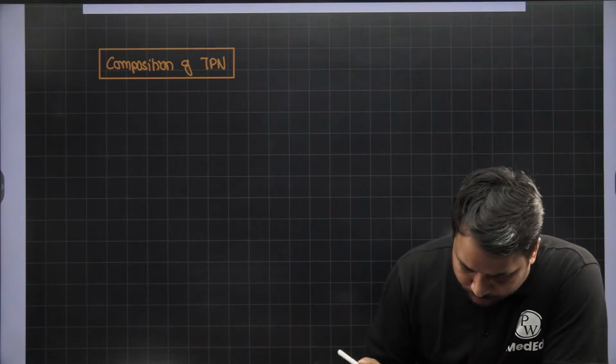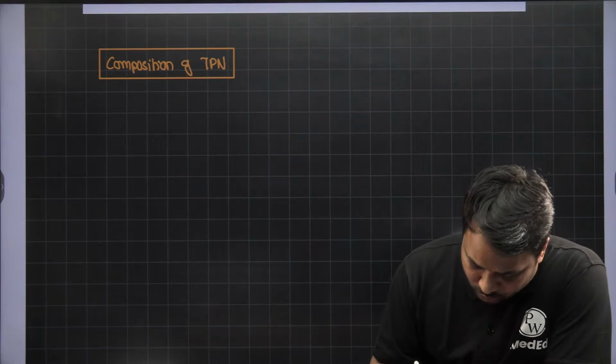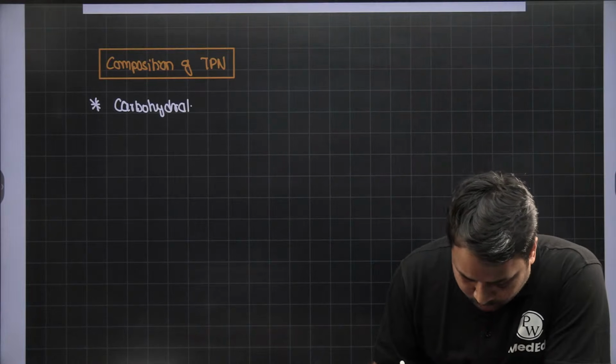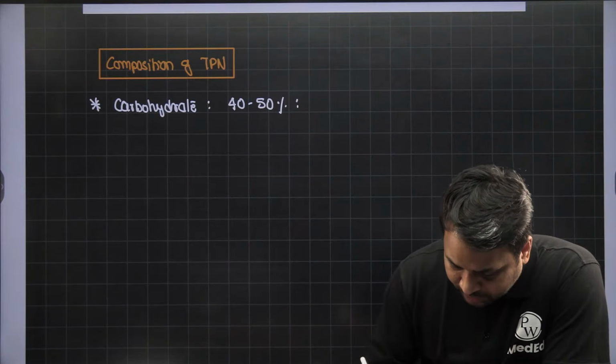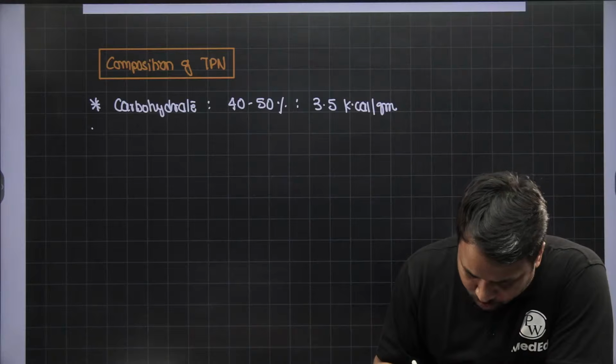Let's do a quick recap on that. The first and foremost thing that you will see in TPN is carbohydrates. Carbohydrate accounts for 40 to 50% of the total volume of the TPN, and provides 3.5 kilocalories per gram. This is the energy release of carbohydrate.